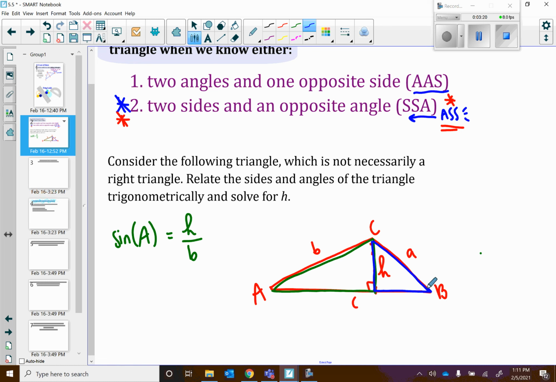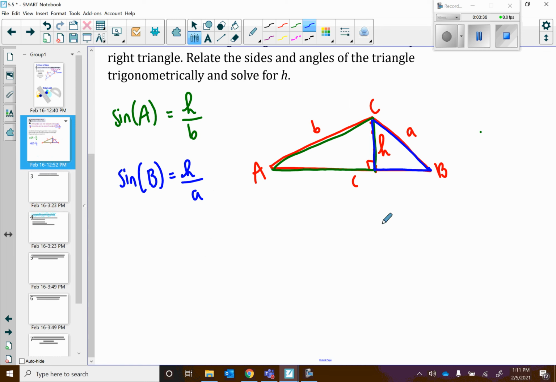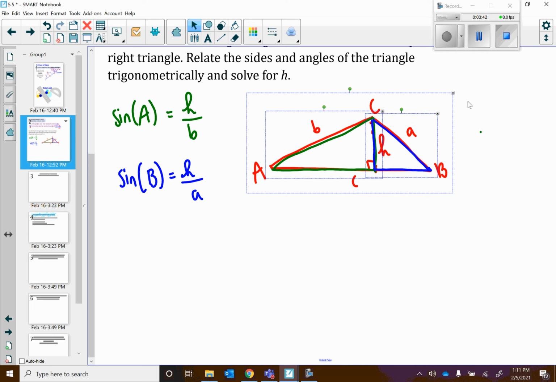Same thing, using SOHCAHTOA, I could say sine of angle B is equal to opposite H over hypotenuse A. Now we have two equations that have H, which are the same segment. So let's solve these for H, meaning get H all by itself.